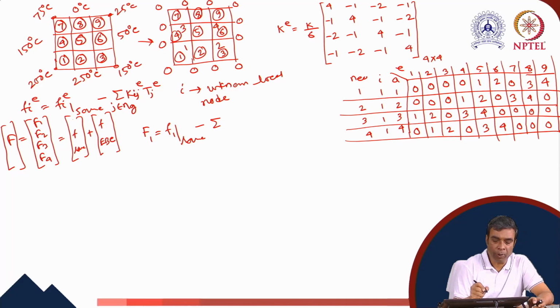For element 1, our I is local node 3 because we write the equation at local node 3.